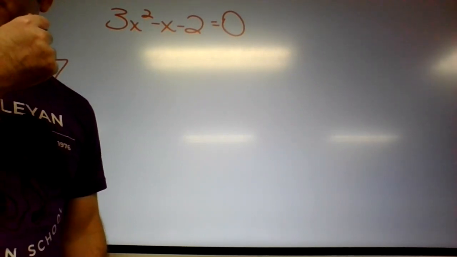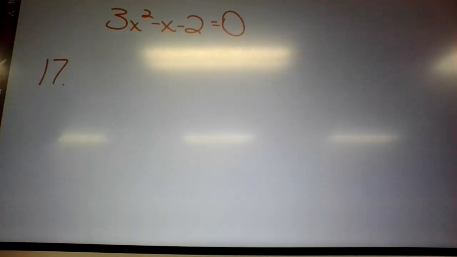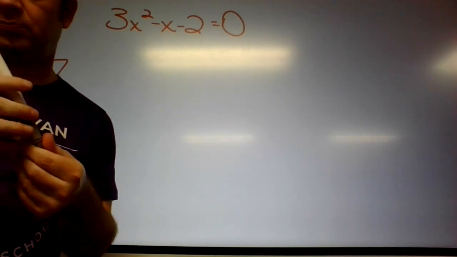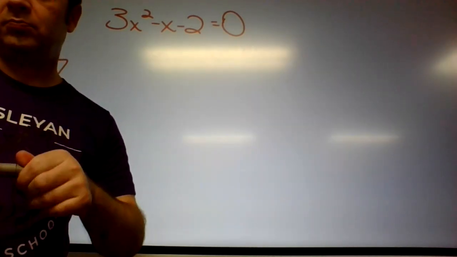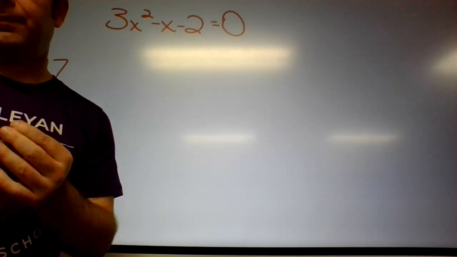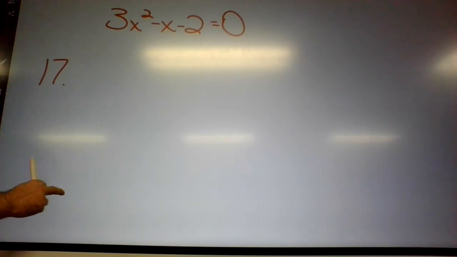Let's solve it using quadratic formula. So I'm just going to change the directions. So 17 through 24 was do quadratic formula. Yep. So 17 through 24. It's a lot of them, I know, but if you can get that in your brain, it'll be helpful later.